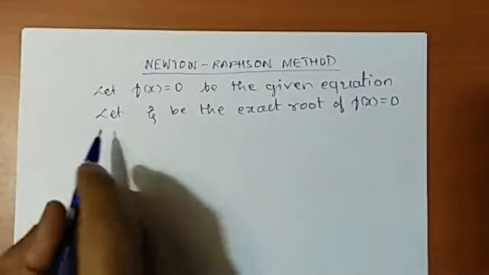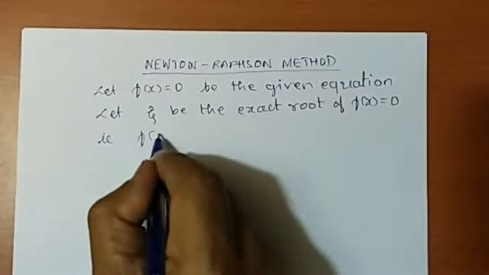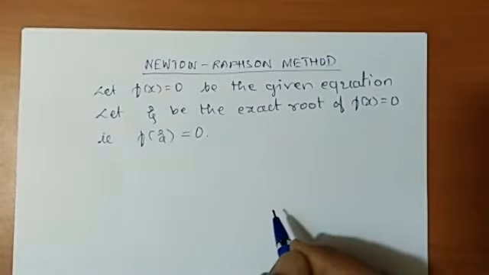What do you mean by that? That is f of xi is equal to 0.